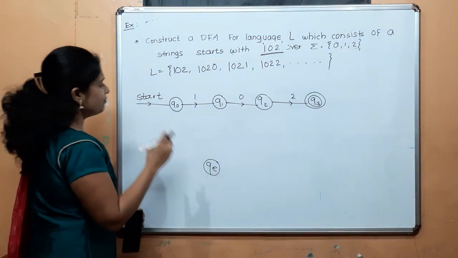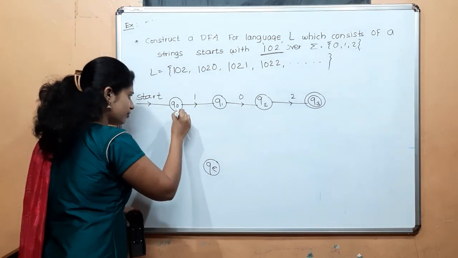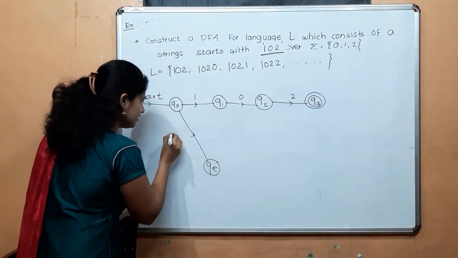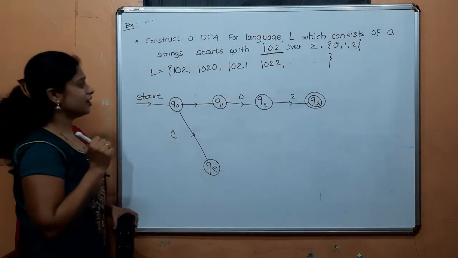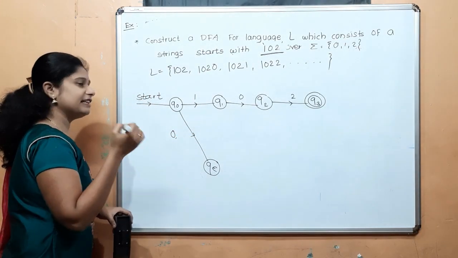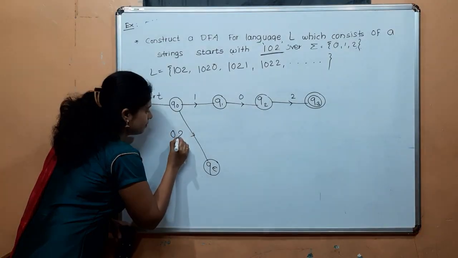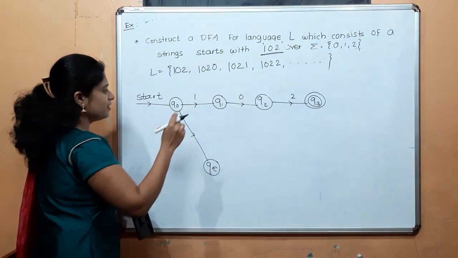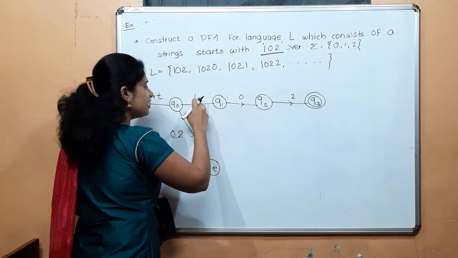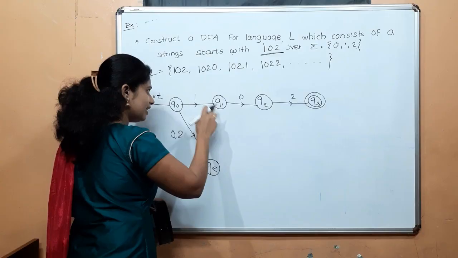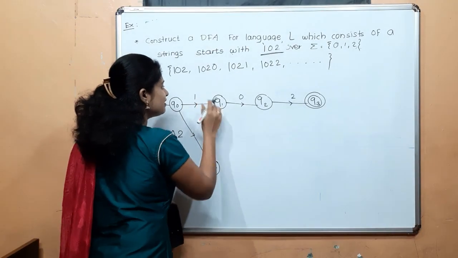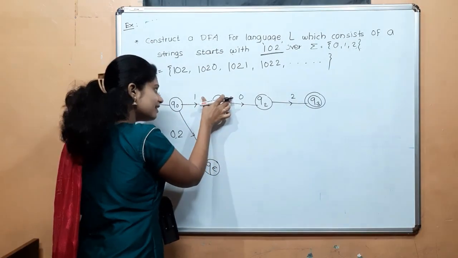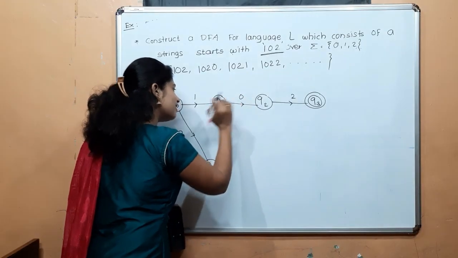Now see here, if the string starts with 0, then it is invalid. If the string starts with 2, then it is again invalid. Then we can write 2 here. Then, if 0 occurs between 1 and 0, the 0 is already given.